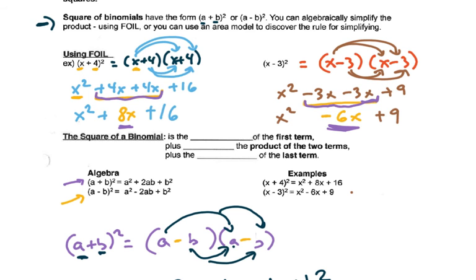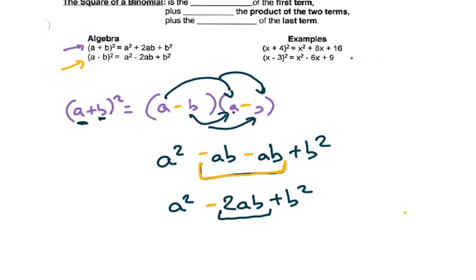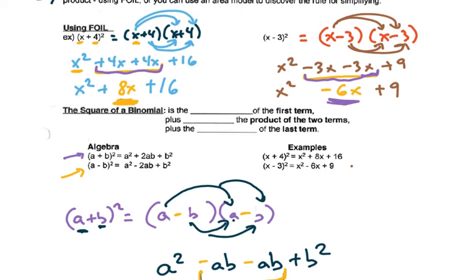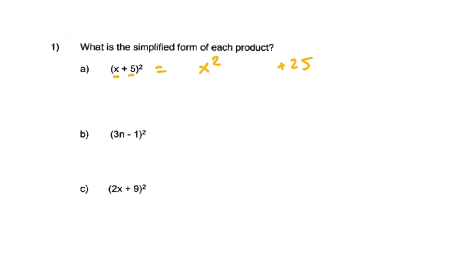The middle is the product of the two values in the binomial, multiplied by 2. That would be x times 5 times 2, so that's really just 5x times 2, which is 10x. And if you see that, you can jump straight to the answer.